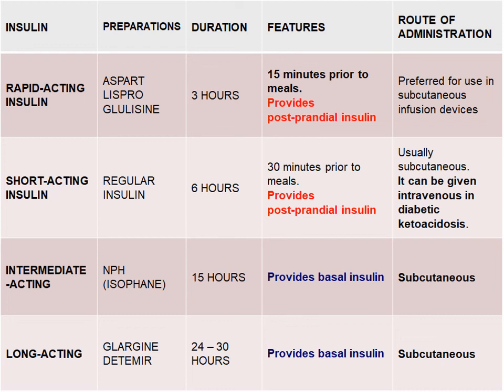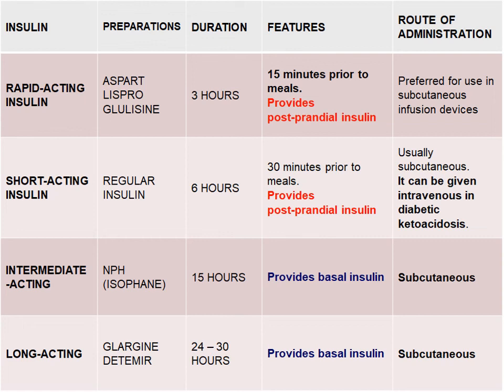Short-acting, which is known as regular insulin: duration of action is about 6 hours, can be given 30 minutes before the meals. Provides also postprandial insulin to compensate for the hyperglycemia produced after eating. Usually given subcutaneously, can be given intravenously in cases of emergency such as diabetic ketoacidosis.